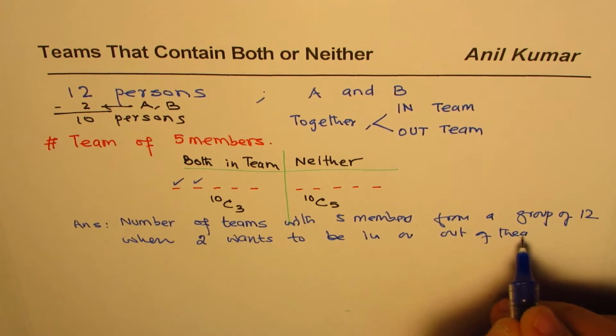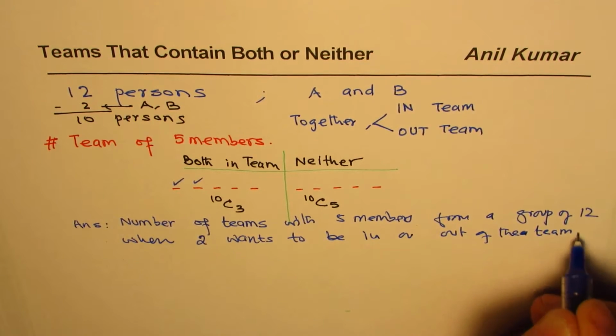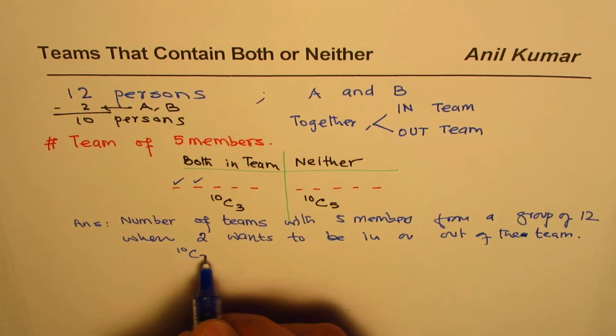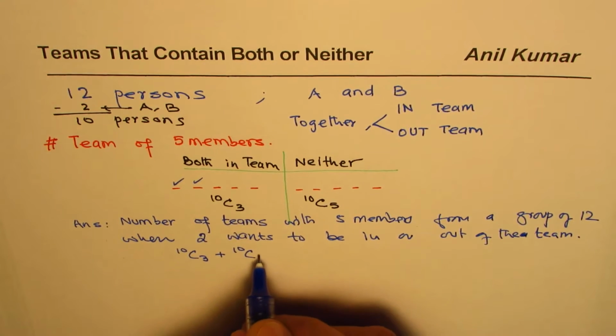So they are either in the team or not in the team. So it is 10C3 plus 10C5. That is the answer.